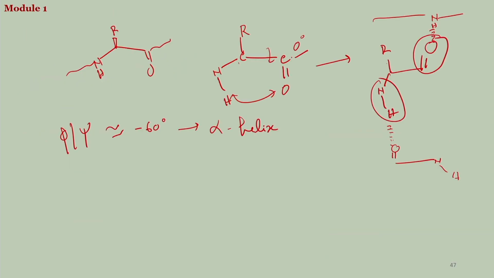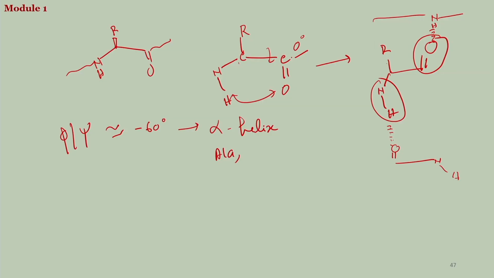And of course, this is governed by the sequence, what sequence the peptide or the protein has. And very commonly, if you have alanine, leucine, methionine, phenylalanine, and there are more, they typically tend to form an alpha helix kind of structure.